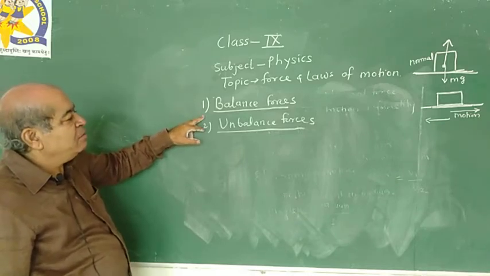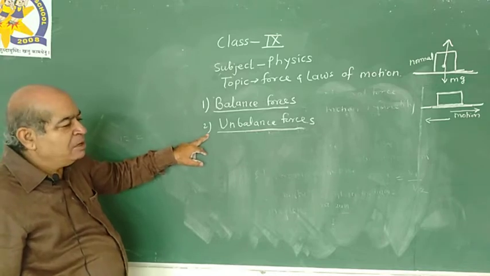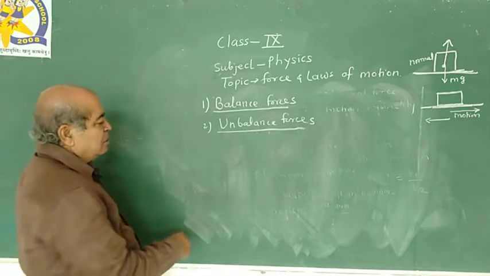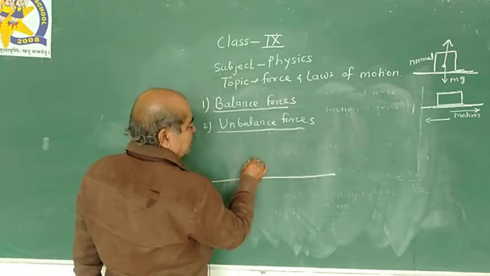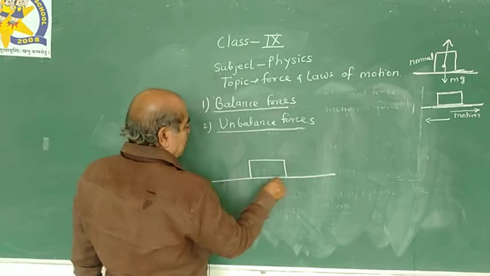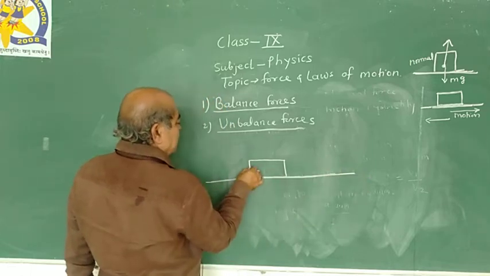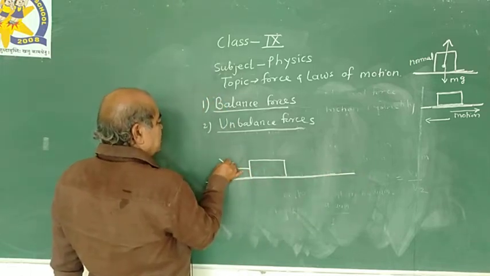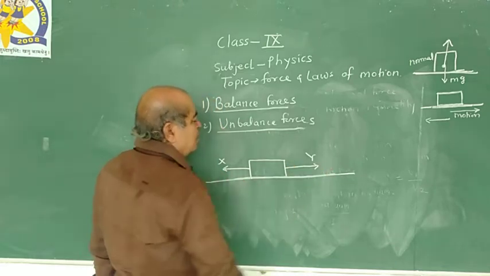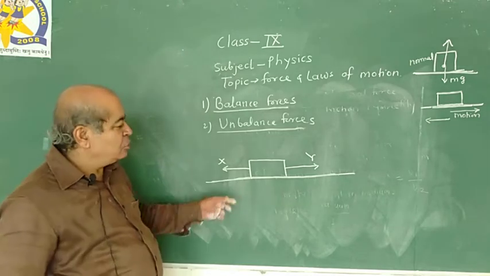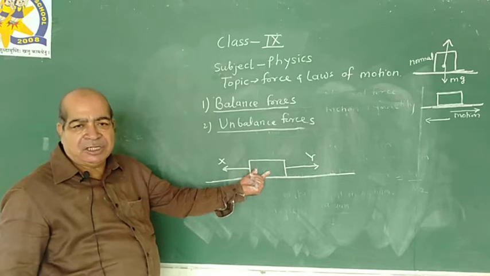One is called the balanced forces and the second is called the unbalanced forces. Consider the object. Suppose this is the object kept on the horizontal surface of the table, and the forces X and Y are applied to the two ends of the object in the opposite direction.